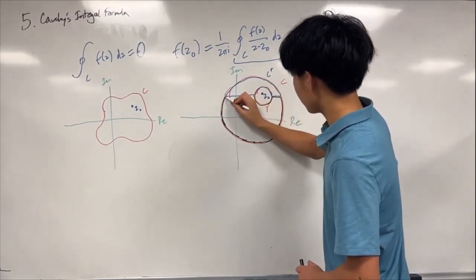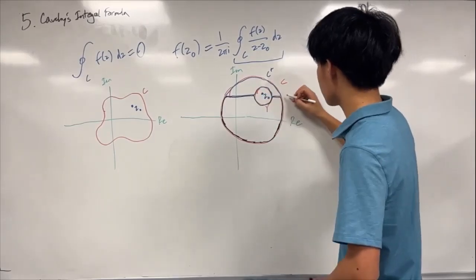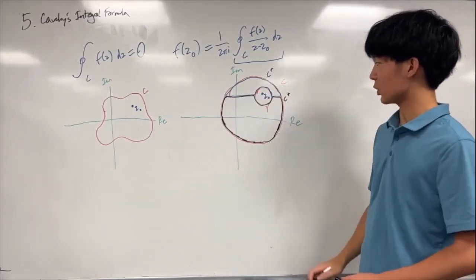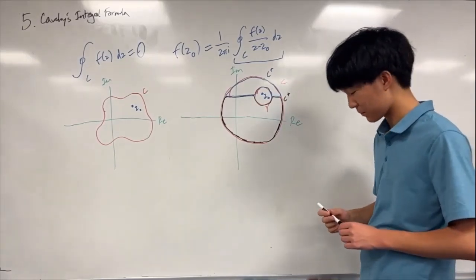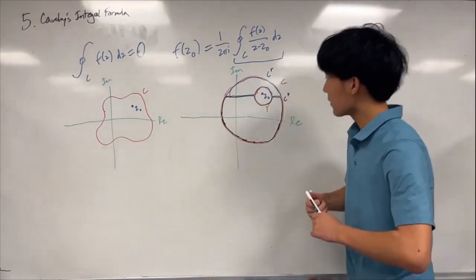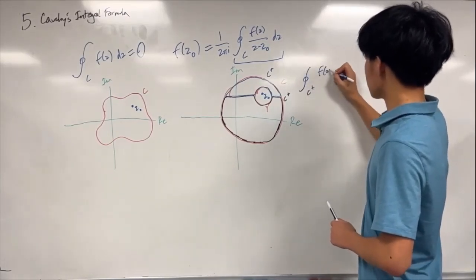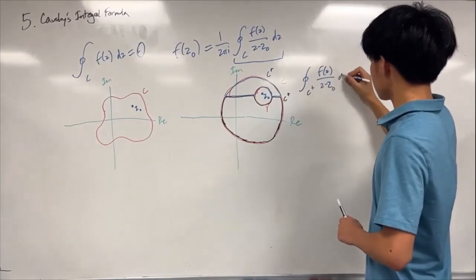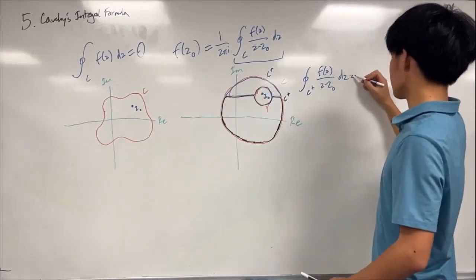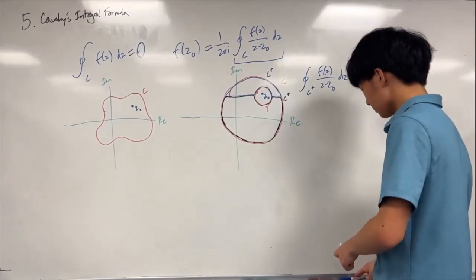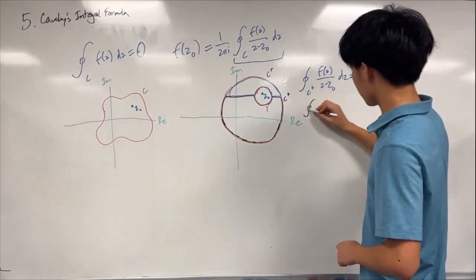So, we have these two contours now, and neither of these contain our original point z sub 0. So, the integral over both of these contours of f of z over z minus z sub 0 dz is 0 by Cauchy's integral theorem, sorry, and same for C minus.